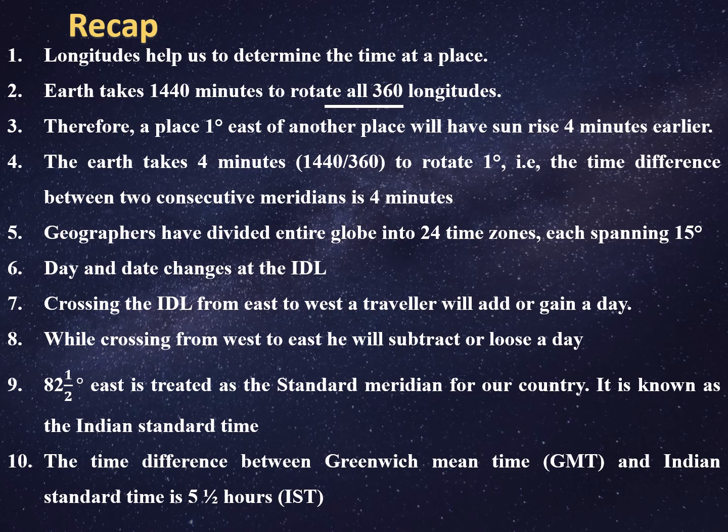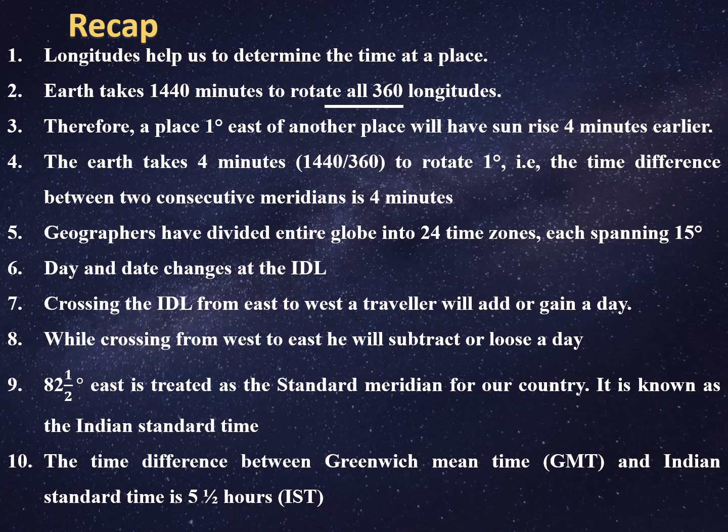Children, now it's time to recap our points, whatever we learned today. Longitudes help us to determine the time. The Earth takes 1440 minutes to rotate through all 360 meridians. The Earth takes 4 minutes to rotate 1 degree of longitude. The time difference between each longitude is 4 minutes.